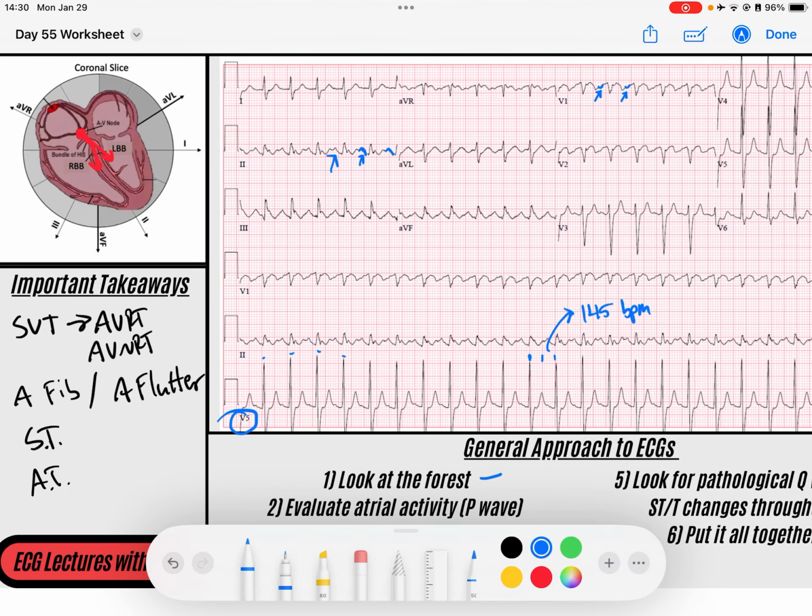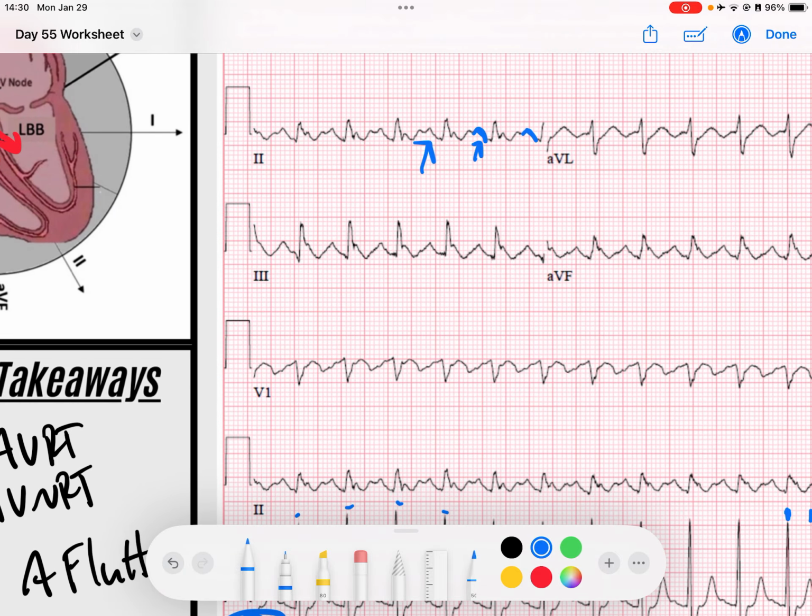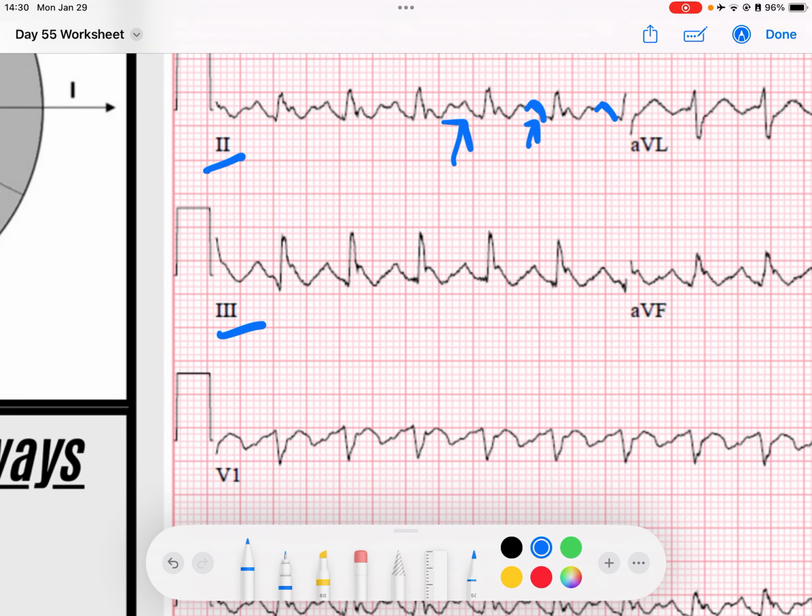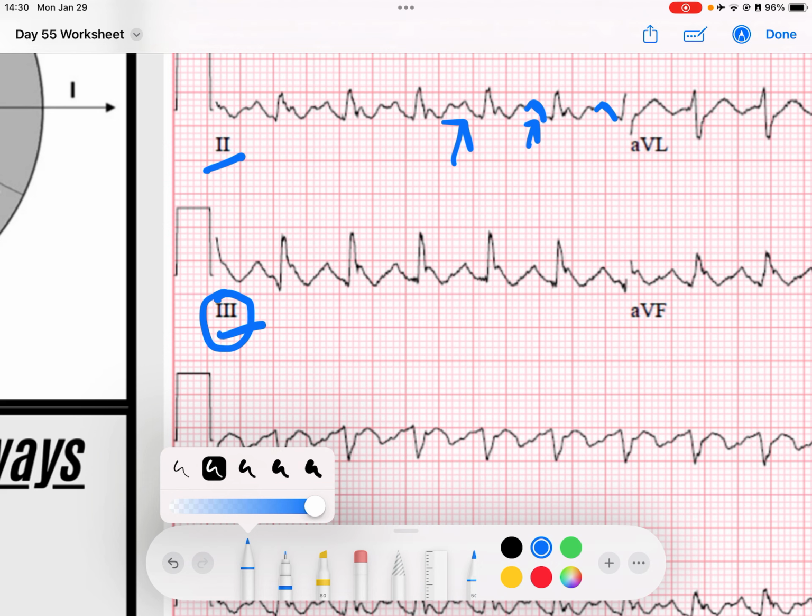The best thing I look for here is I can see in lead 2 and lead 3, I got some really good clues to tell me about what's going on. If I zoom in on my QRSs here in lead 3, what you'll notice is that I've got this narrow deflection up, narrow down, and then I've got what appears to be a little kind of an odd slurry deflection that's occurring at the end of all these QRSs.